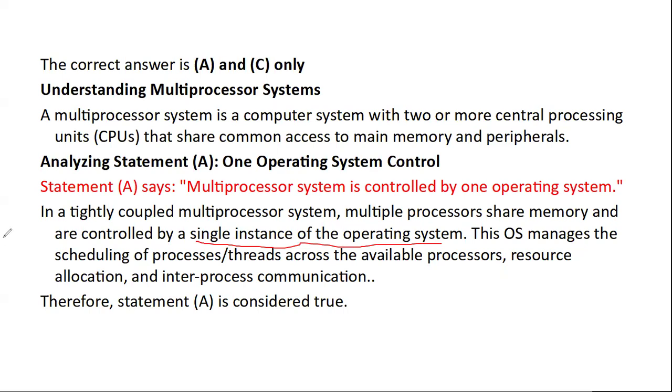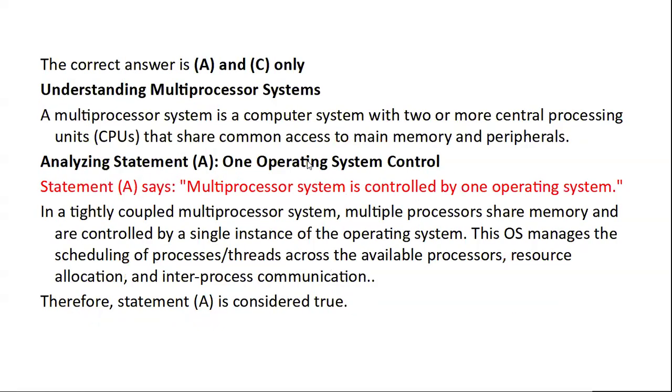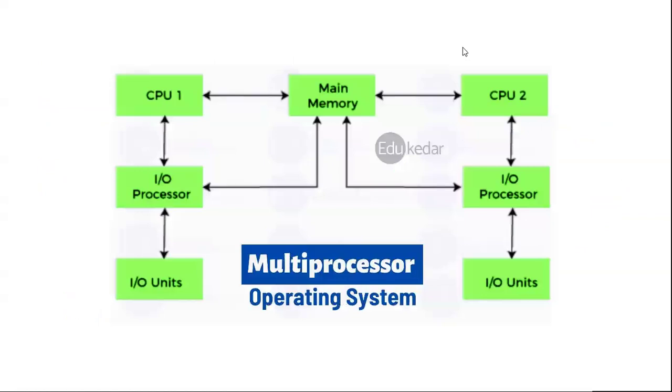Next statement: in a multiprocessor system, multiple computers are connected by means of communication lines. In this picture, can you see multiple computers connected? No, we can't say there is any communication line with many computers connected here. No, it's wrong.